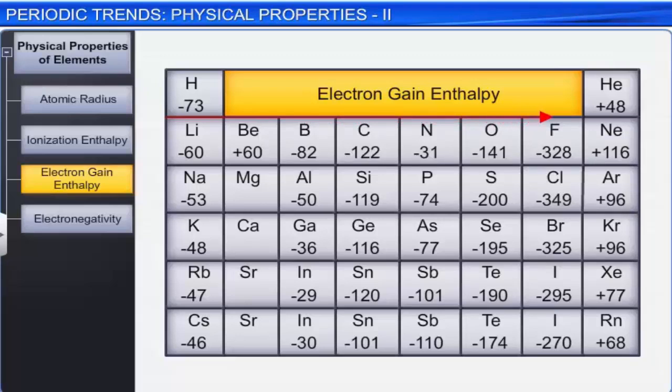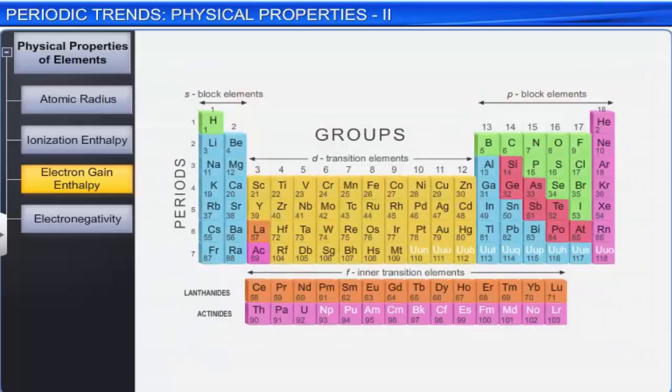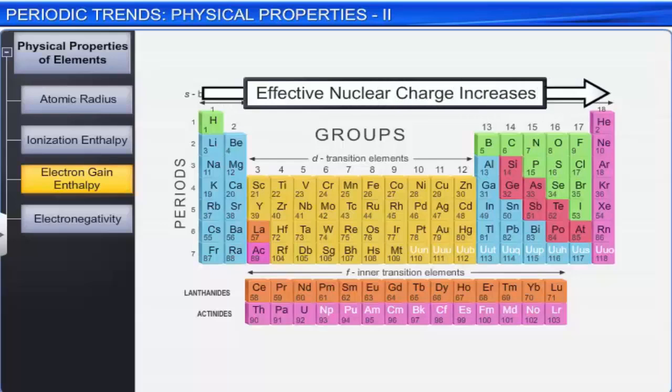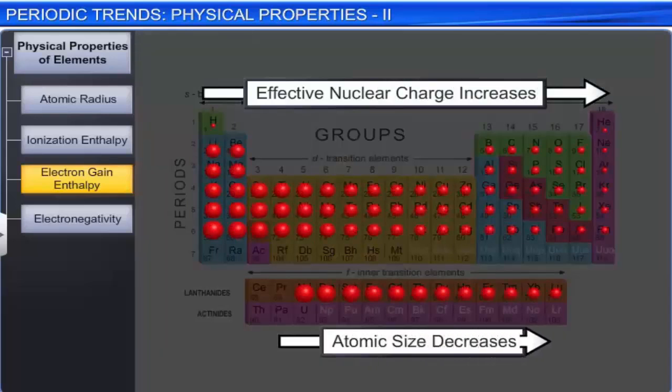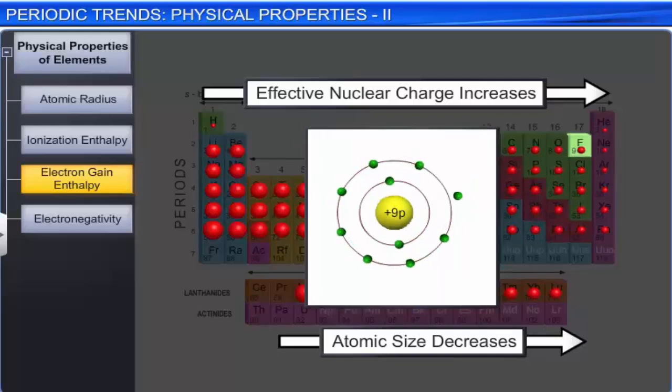This is because, as we move from left to right across a period, the effective nuclear charge increases and the atomic size decreases. The addition of a new electron would be easier for a smaller atom because the added electron would be closer to the positively charged nucleus.